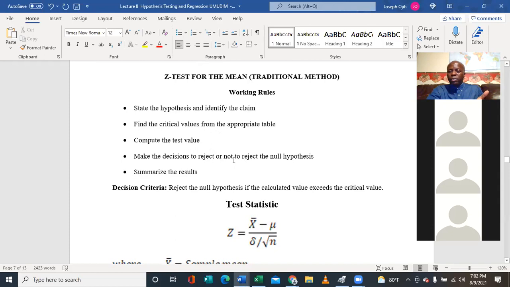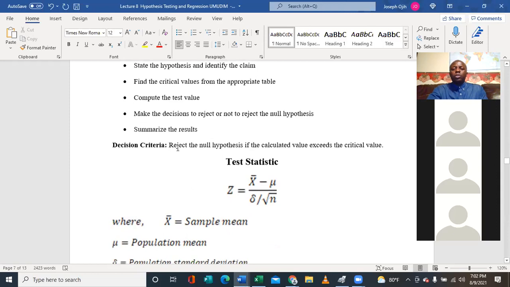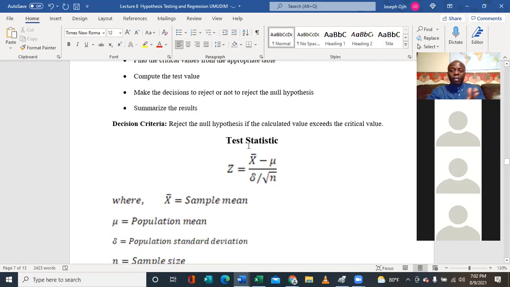Then summarize your results. How do you decide whether to reject or not? You reject the null hypothesis if and only if the calculated value is greater than the critical value, which you find from the table of normal distribution. If it is not, you do not reject the null hypothesis.